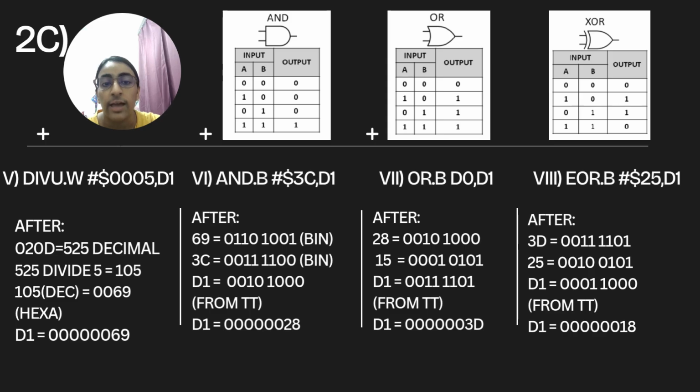Once you get that, you compare it with the exclusive OR truth table, and your answer should be 00011000. That should be your answer in binary from the truth table. And then you take that answer and convert it back into hexadecimal, and your D1 answer should be 00000018.